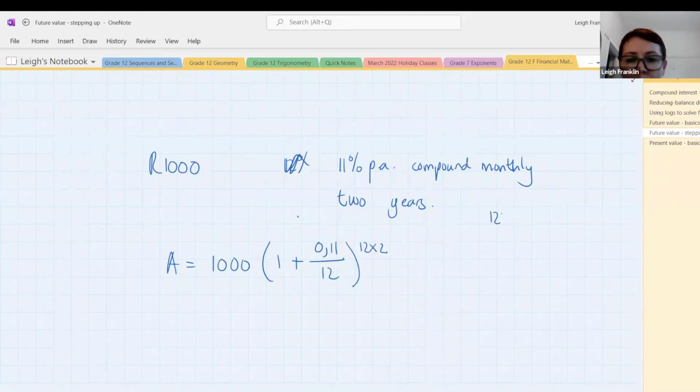So are there 24 years? No, because the investment period was 2 years. Number of months.